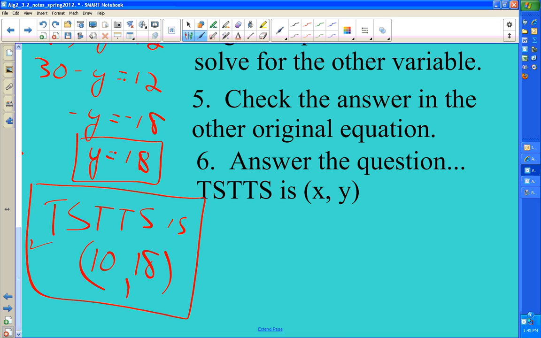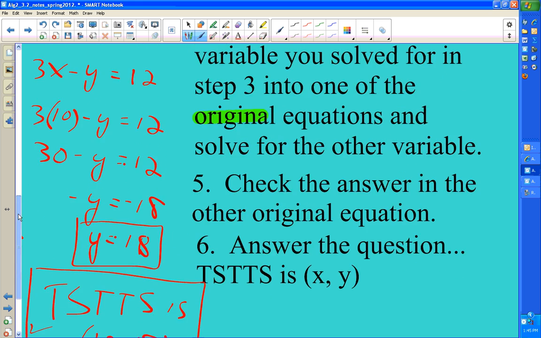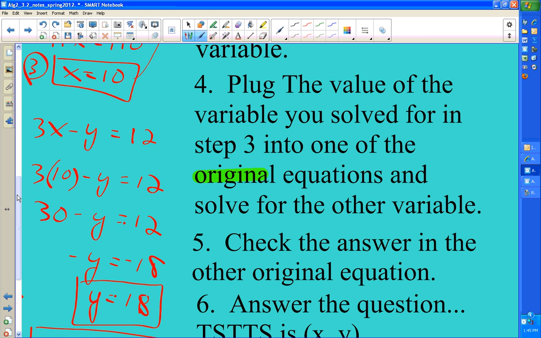So that checks. It only takes about 10 seconds to check. And one careless mistake will give you an answer, but it just won't check in that other equation. No? Everybody okay? Yeah. I just did that. You want me to do it again? Well, you like flip back up to the top.